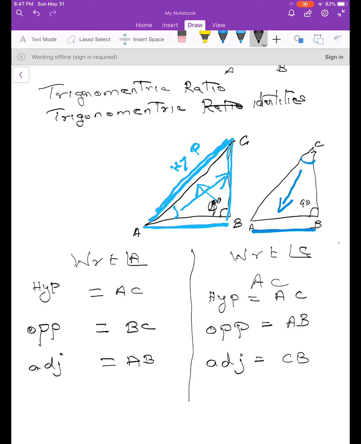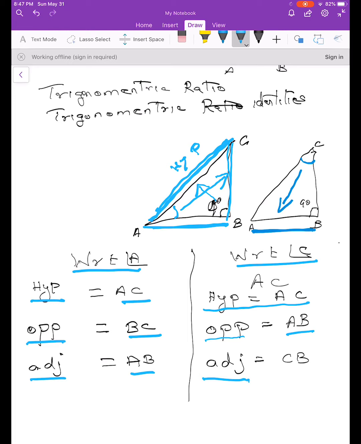So with respect to A, hypotenuse is AC, opposite is BC, adjacent is AB. With respect to angle C, hypotenuse is the same AC, opposite is AB, and adjacent is CB.